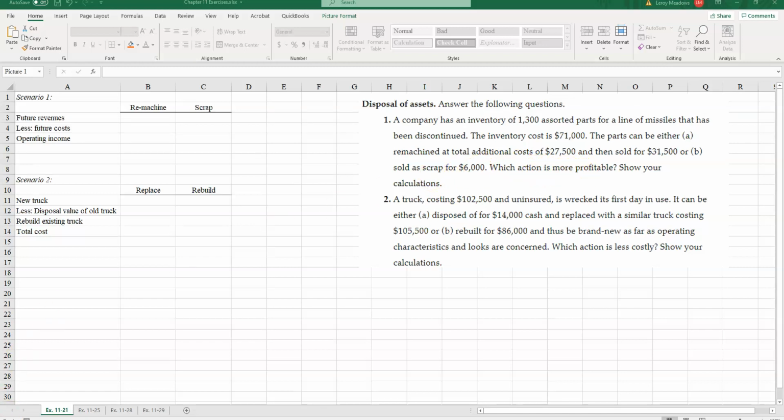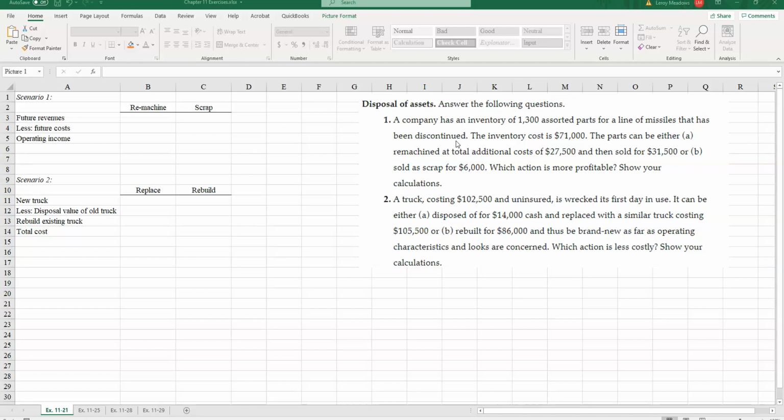Show your calculations. Okay, so let's take a look here and define what we're going to do. With this inventory that's been discontinued, we can remachine them and then sell them for a profit, or we can sell them as scrap for $6,000. So which action is more profitable?